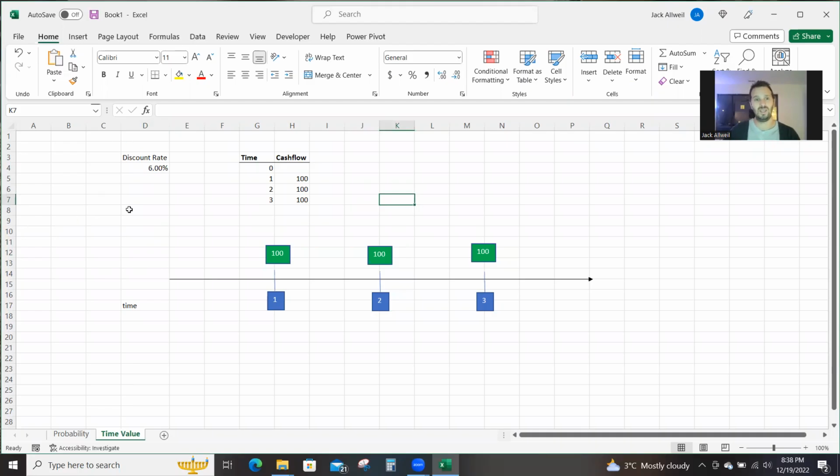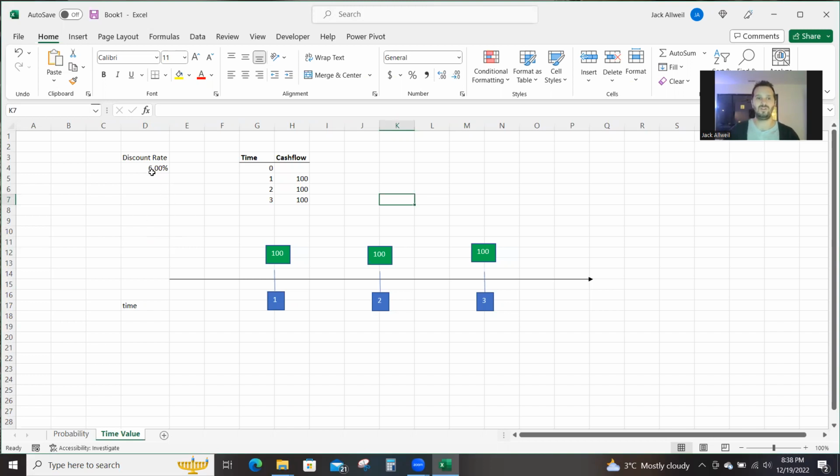So this is a set of cash flows, and let's say this is end of year one, end of year two, end of year three, and with certainty we know we are getting 100, 100, and 100. So if we want to put that in today's dollars at time zero, when you think of time value of money, you're thinking of cash flows in the future and how that compares to today.